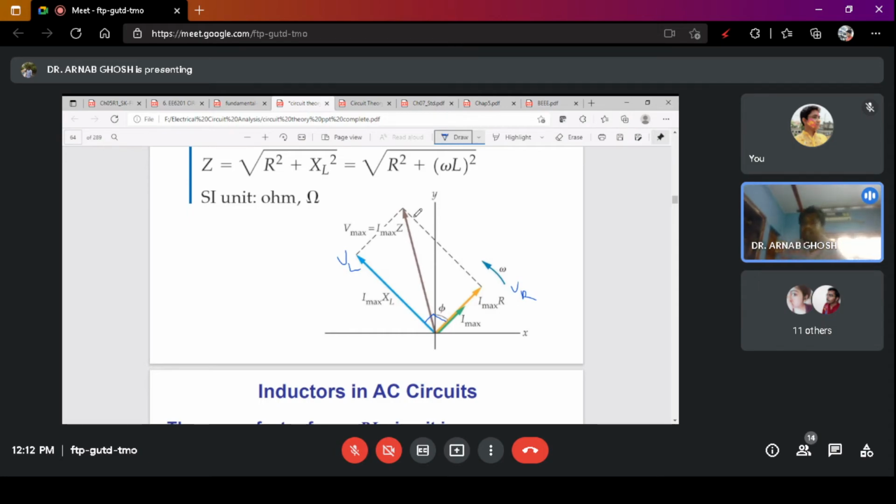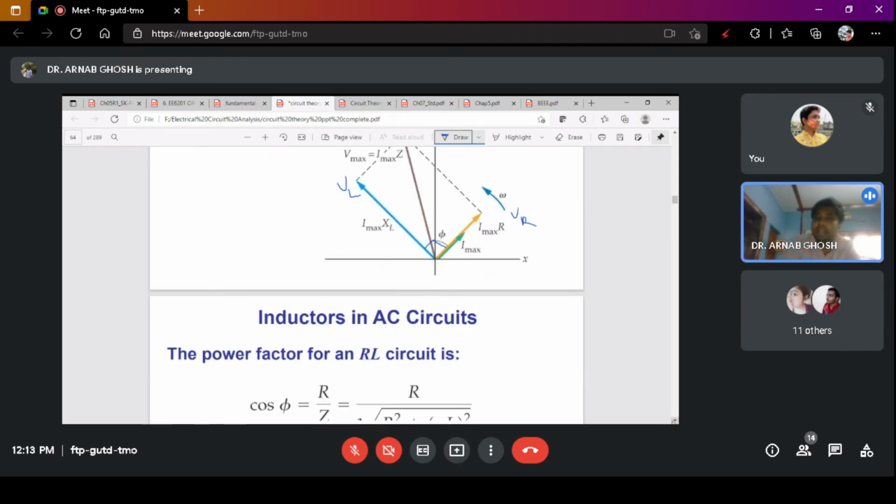This is Vmax, which is equal to Imax multiplied by Z, that is the resultant voltage phasor, and again you can calculate this similarly by the vector addition method. So your Z comes out to be root over R square plus XL square, that is root over R square plus omega L square.